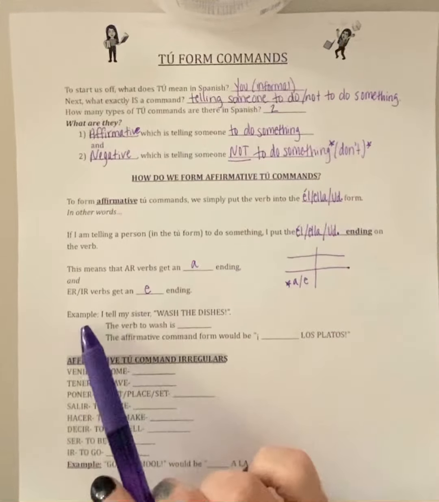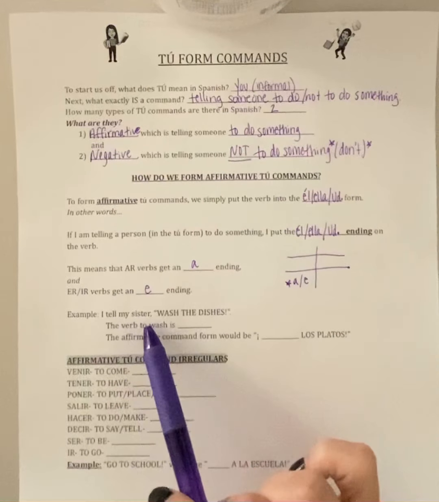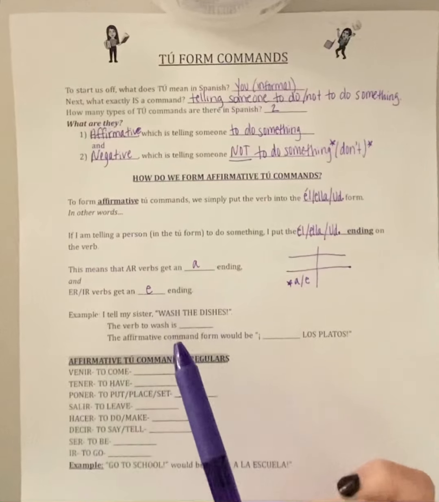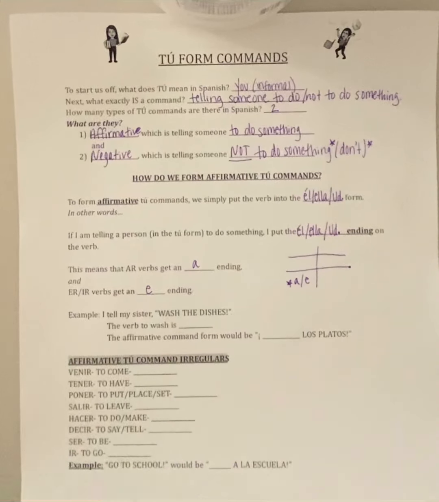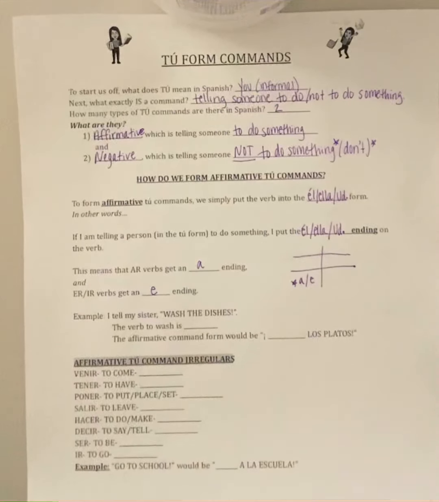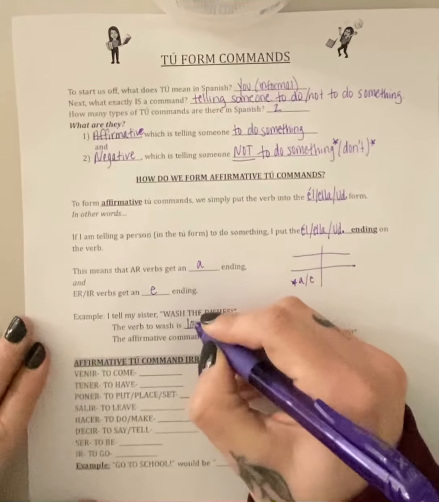So let's look at an example here. If I'm giving my sister the command, hey, Kenz, wash the dishes. My sister's name is Kenzie, so if I was giving her a command, I might say, hey, Kenzie, wash the dishes. Or I might not use her name at all. I might just say, hey, wash the dishes. So our verb to wash is lavar.